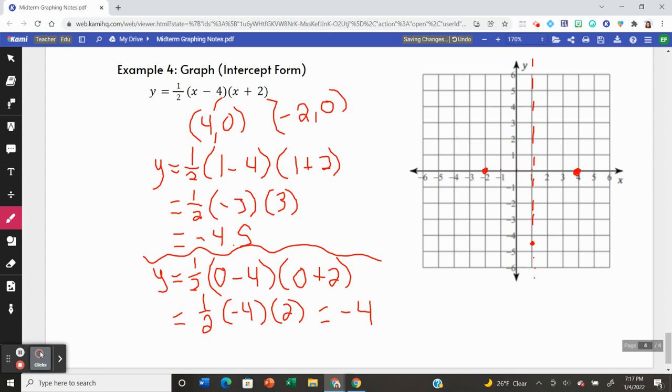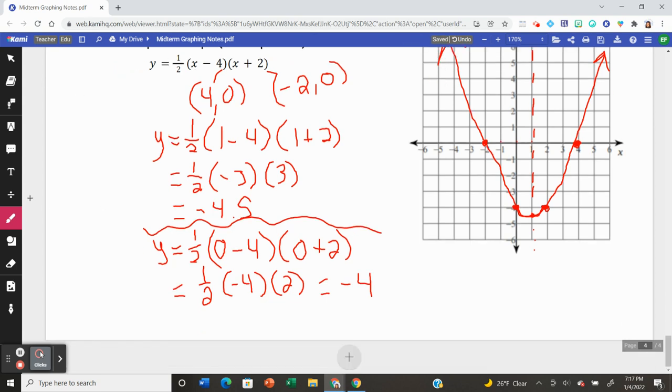So that means 0, negative 4 is a point on our graph. Its symmetric point would be at 2, negative 4. Let's again sketch our graph, trying to get that U shape going through those points we just plotted. And that is how you graph an equation in intercept form.